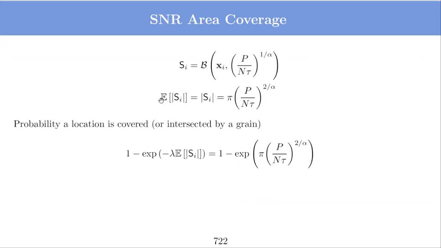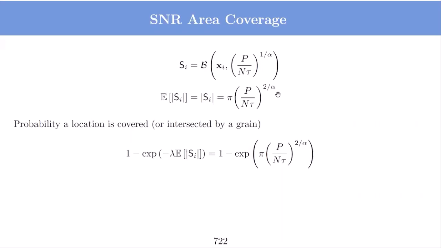The expected area of this ball, in 2 dimensions, is pi r squared, which is pi times (P/(N tau)) to the power 2 by alpha. So the probability that the origin is not covered is e to the power minus lambda times the expected area of the grain.